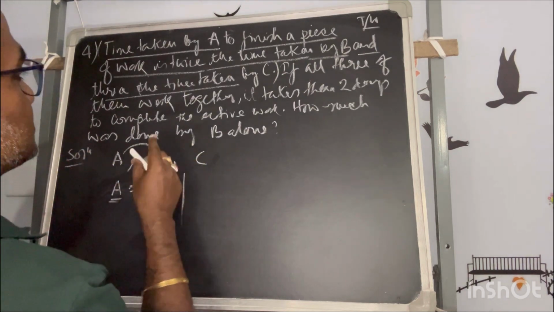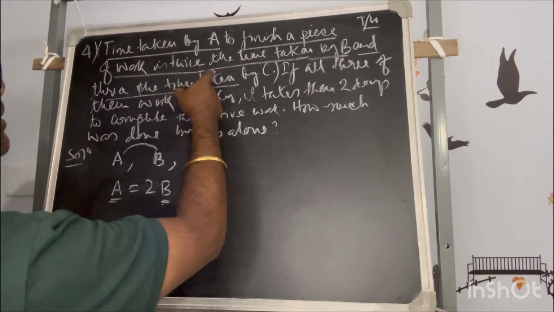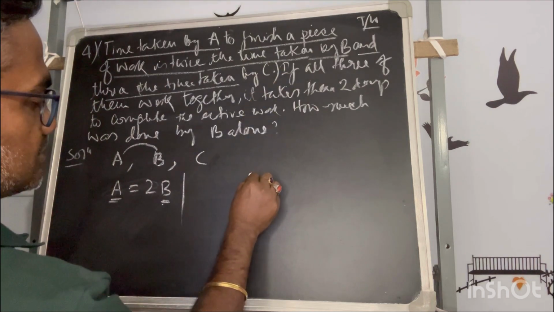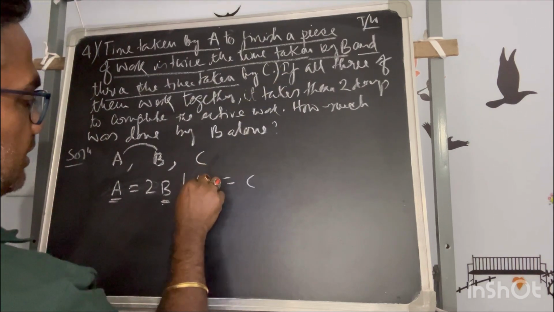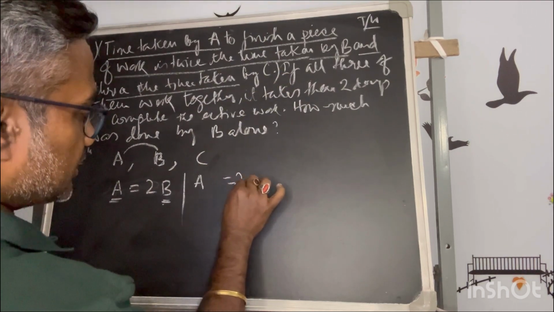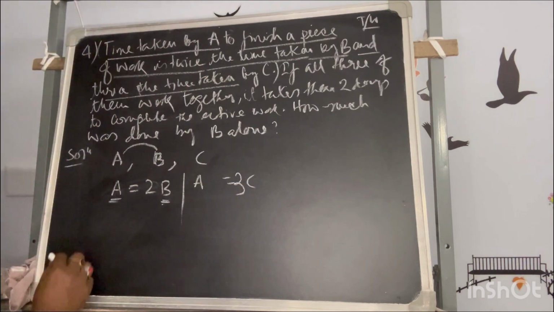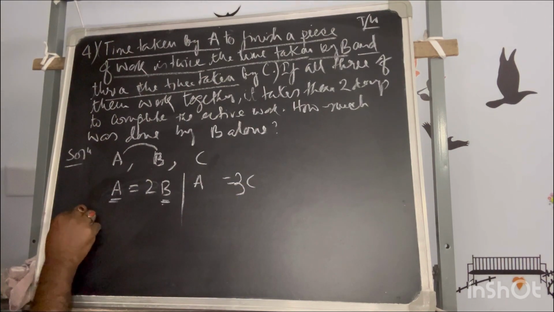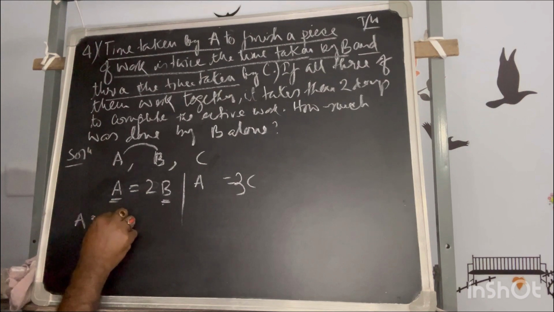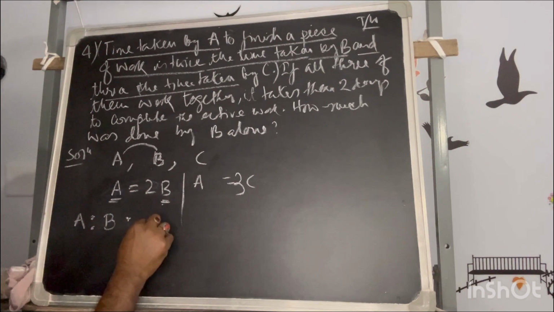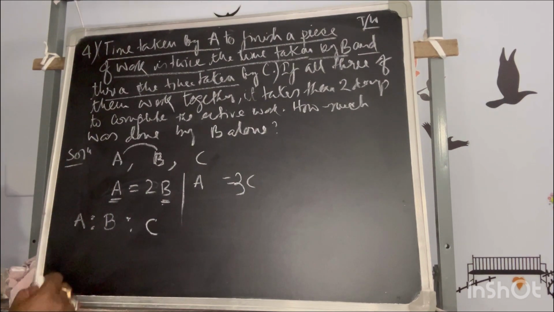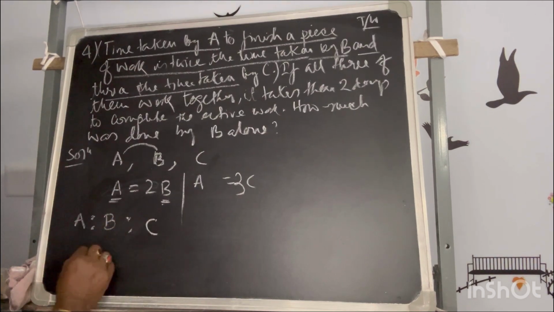Between A and C, A has taken twice the time taken by C. So C has taken C, A has taken A. Now A is 2B or A is 2C. So now what is their relation then? If I take this relation, the time taken by all three, if it is in ratio, what will be the ratio?